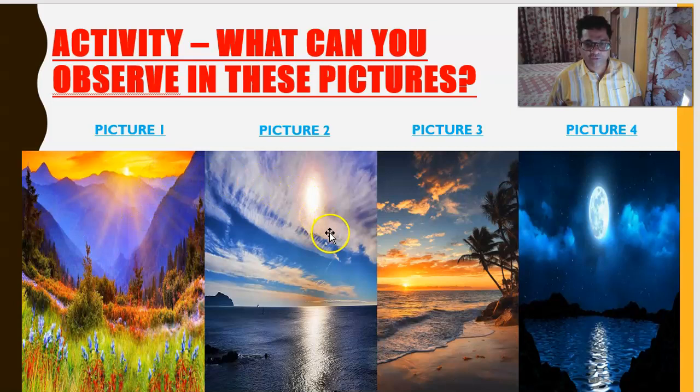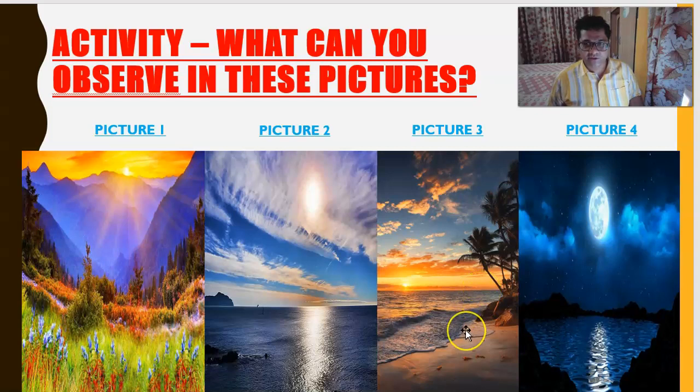Now come to picture 2. The sun is directly above us. You can see it's directly above in the sky, so it is noon time. Now we come to the third picture, where the sun is setting. It's at the horizon over here.